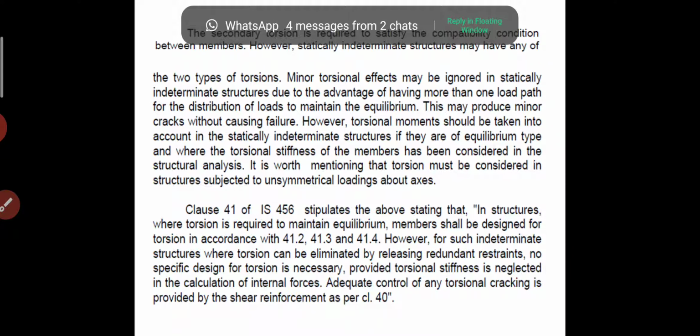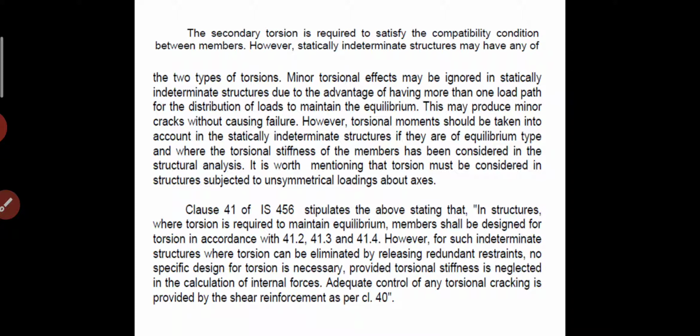Clause 41 of Indian Standard Code IS 456:2000 stipulates the above, stating that in structures where torsion is required to maintain equilibrium, members shall be designed for torsion in accordance with clauses 41.2, 41.3 and 41.4.